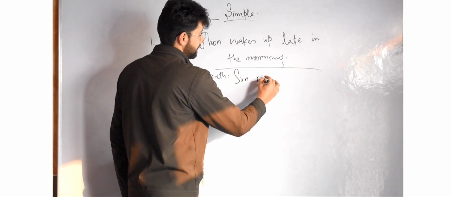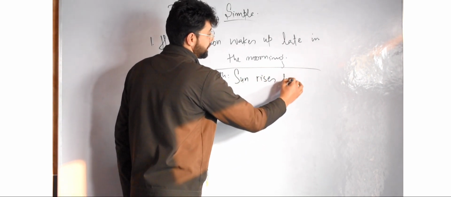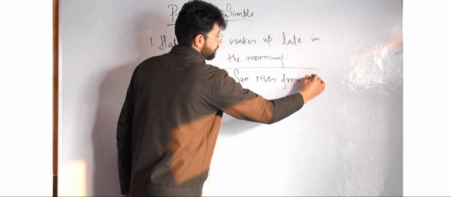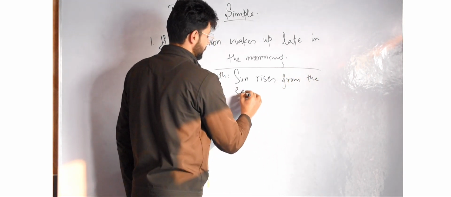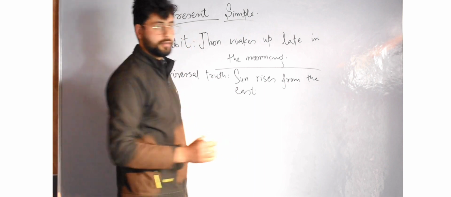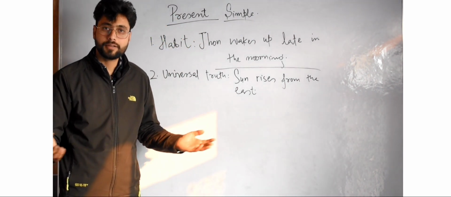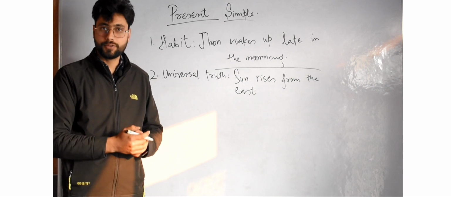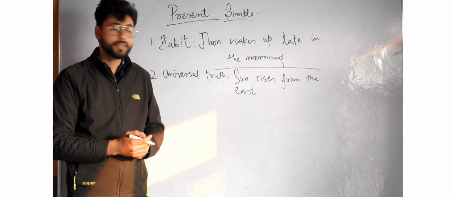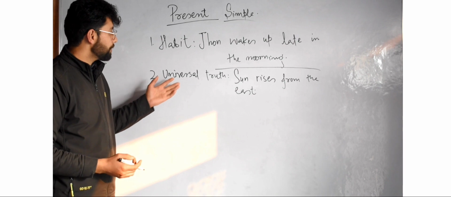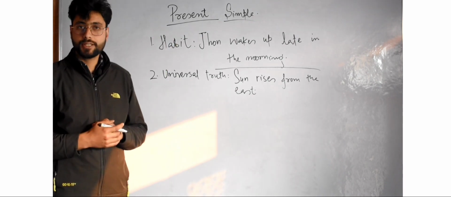Sun rises from the east. This is a universal truth. Death keeps no calendar. This is a universal truth. Right? So this is how we express universal truth in present simple.